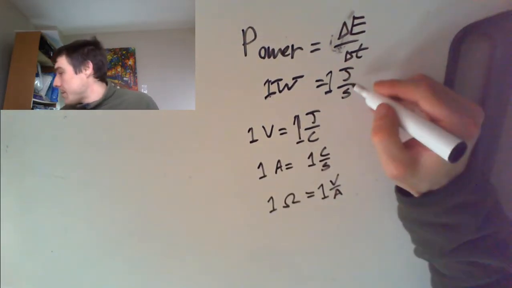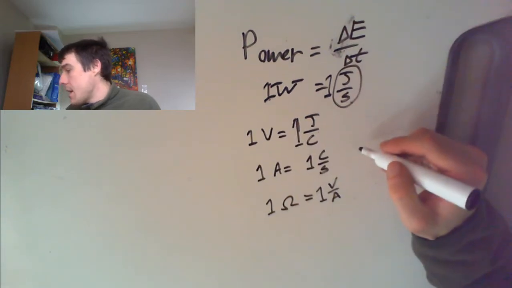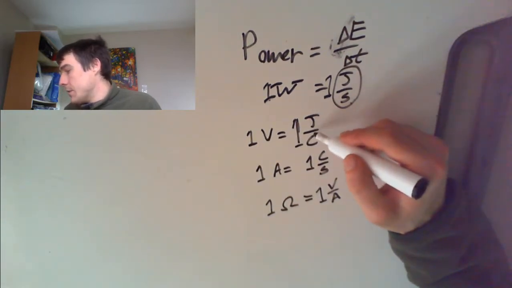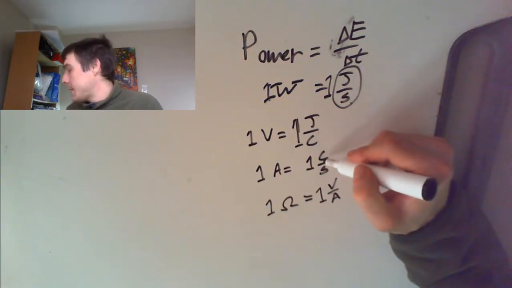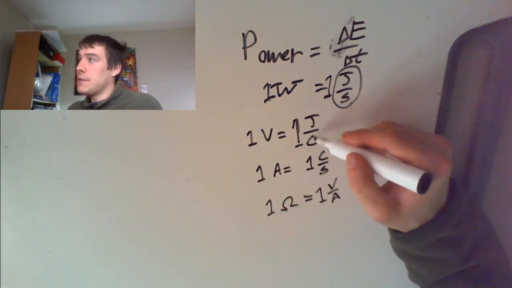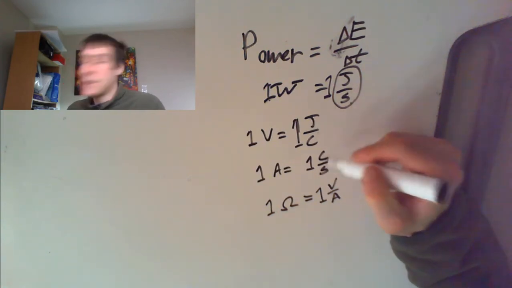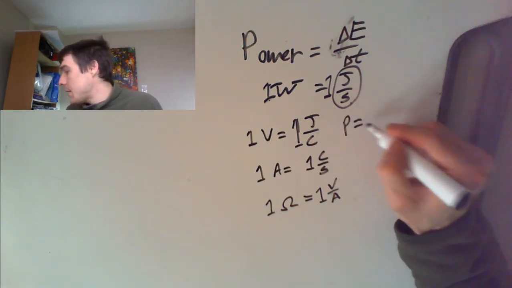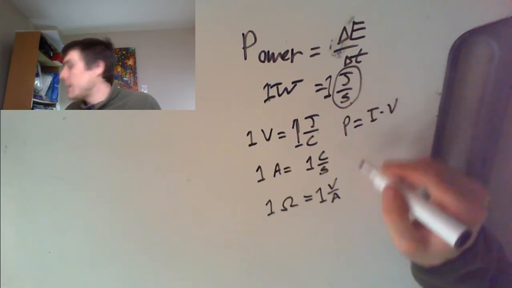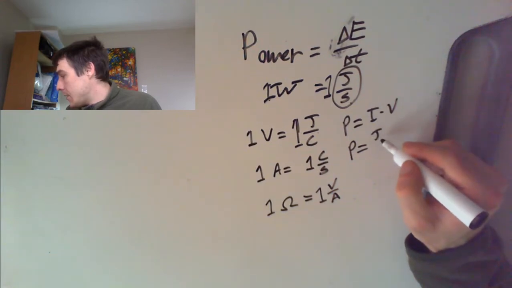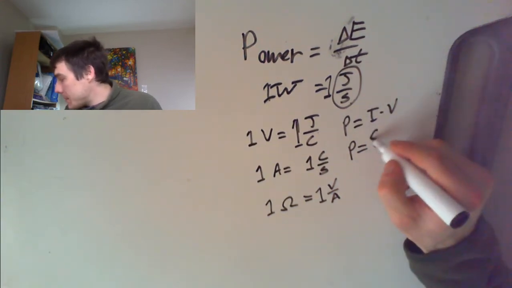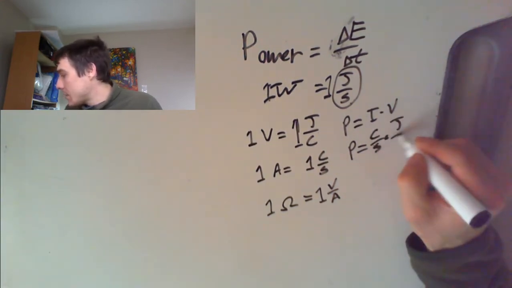If we look at joules per second here, this is divided by coulombs, this is times coulombs. So what you can do is figure out how many joules per each coulomb and how many coulombs are going by in a second. And you end up with P equals I times V. Let's prove that. P is equal to coulombs per second times joules per coulomb.